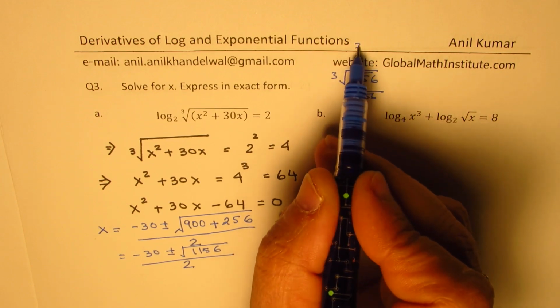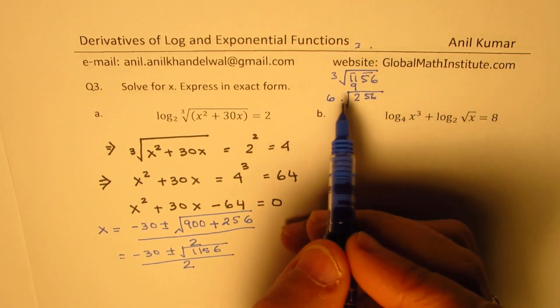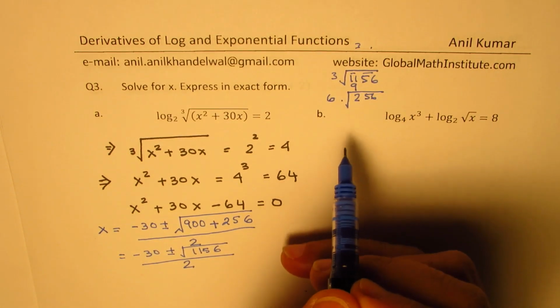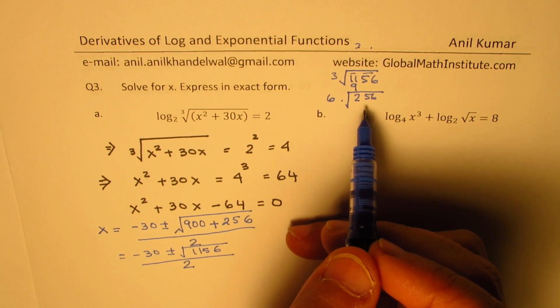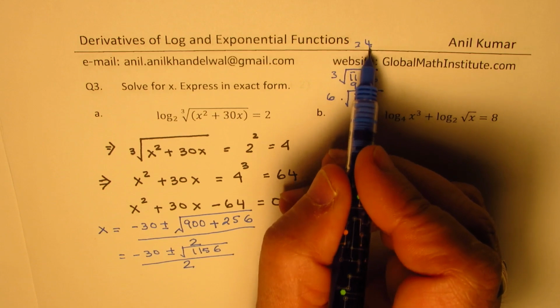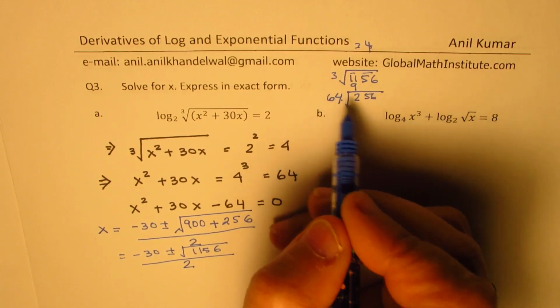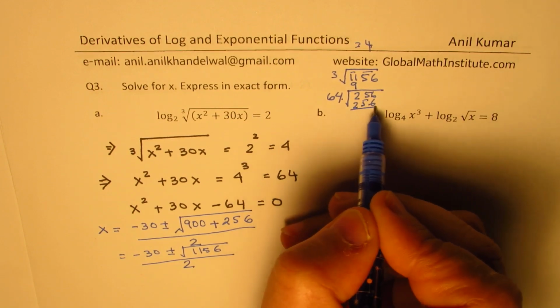And now, twice 3 is 6. We have to put the same number in these two places to get 256. So what could you place? 4 times 6 is 24. You could place 4 here. So 4 times 4 is 16, and 4 times 6 is 24, and we get 256, right?